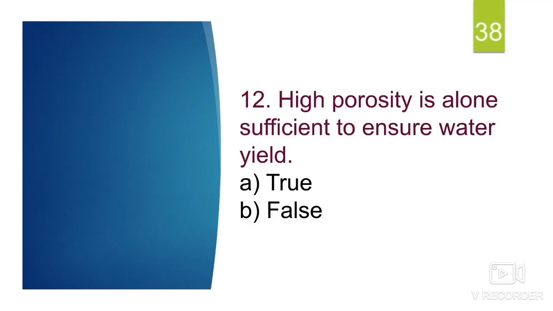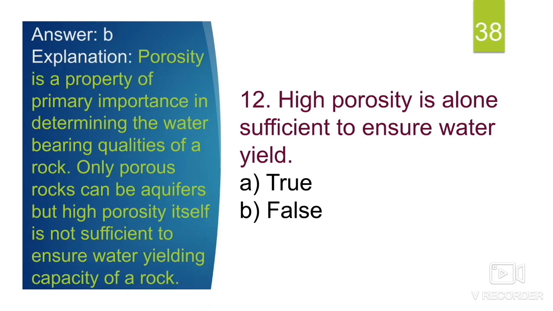Next question is, high porosity is alone sufficient to ensure water yield? The statement is given here, true or false? You have to pinpoint whether it's true or false. Porosity is the property of primary importance, as we have discussed in the previous slide, which determines the water bearing quality of a rock.